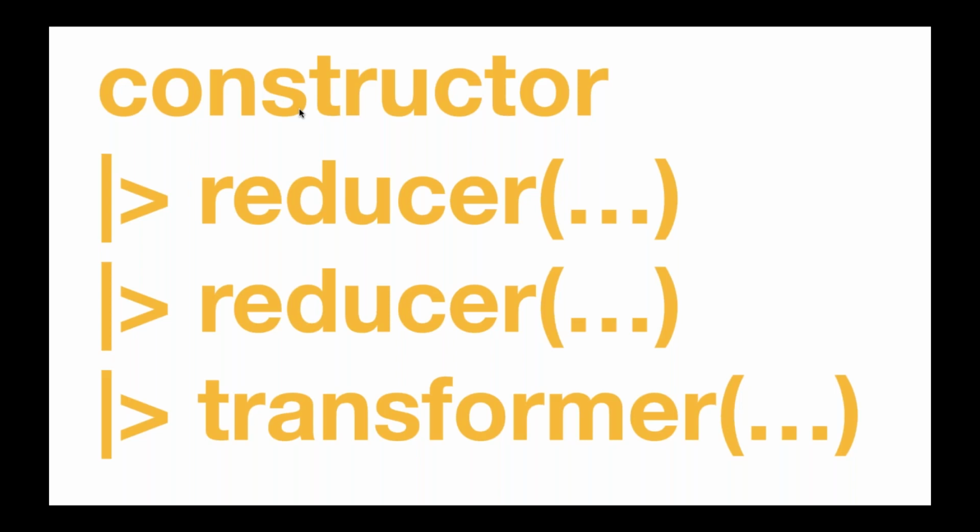So I have these constructors and then a series of reducers that keep me within a single module, and transformers that move me to other modules. That is really useful and helpful when you're building a very complex API in layers. And this is what it looks like in Ecto query land.